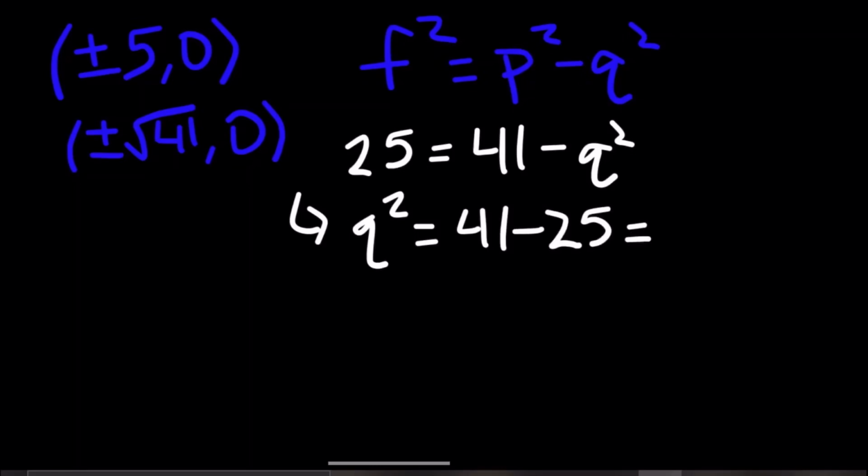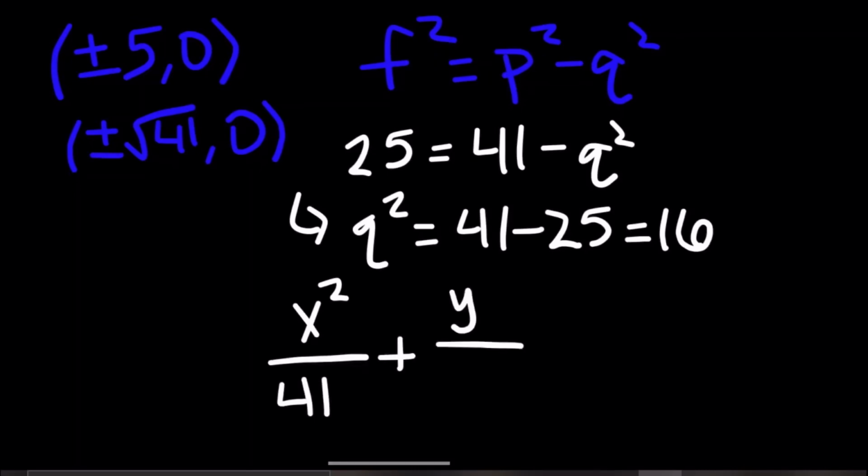Now we can figure out that since q squared is 16 and will be plotted under the y coordinate of the equation, the equation will be x squared over 41 plus y squared over 16 equals 1.